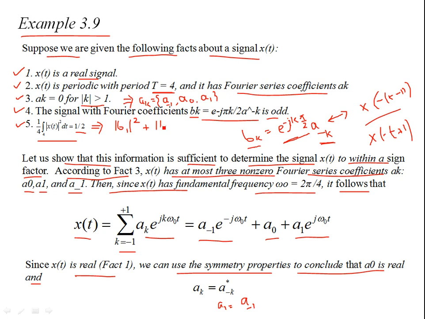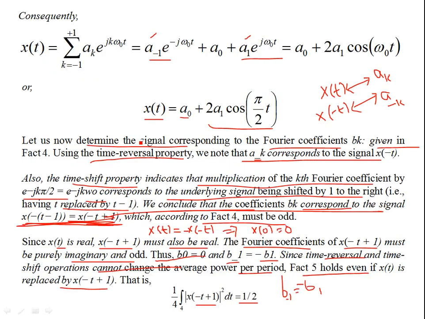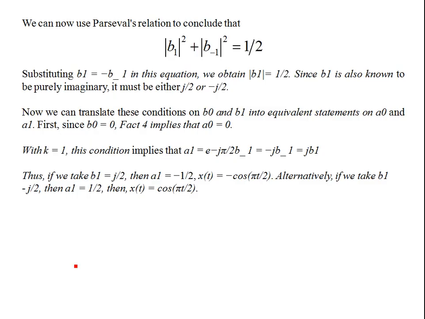So this is |b_1| squared plus |b_{-1}| squared, equal to half. So you can say that b_1 is, if it is imaginary, j by 2, or if it is real, 1 over 2. But since the Fourier coefficients must be purely imaginary and odd, it will be j by 2.